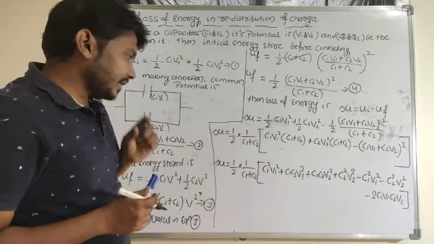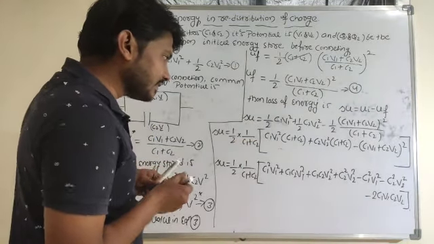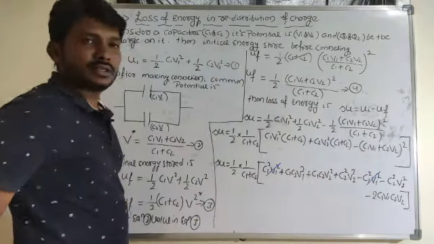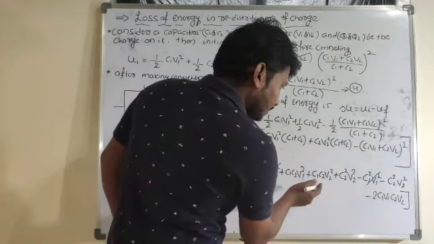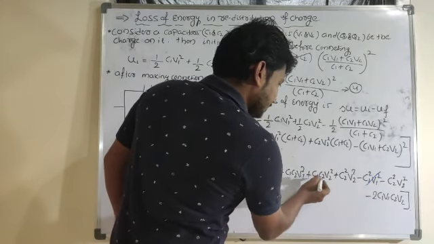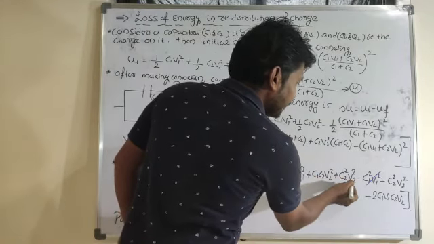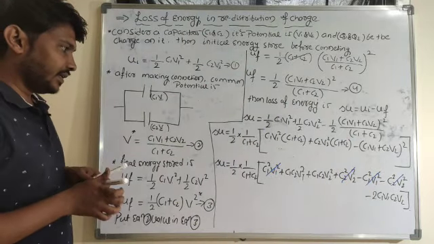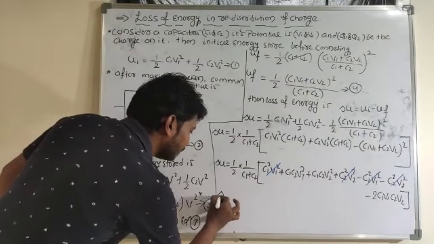So now in this equation, I will cancel out C1 V1 square minus C1 V1 square, plus C2 V2 square minus C2 V2 square. I will cancel out here. So now look at here.